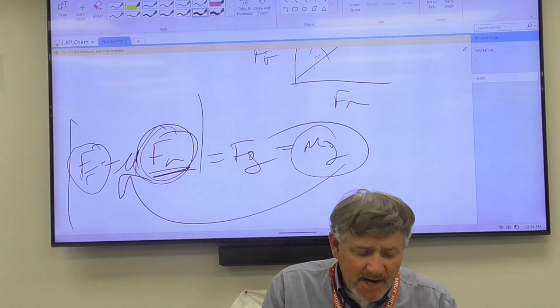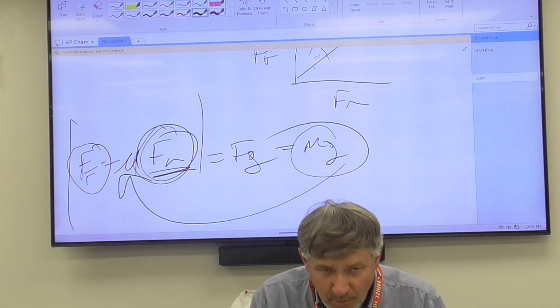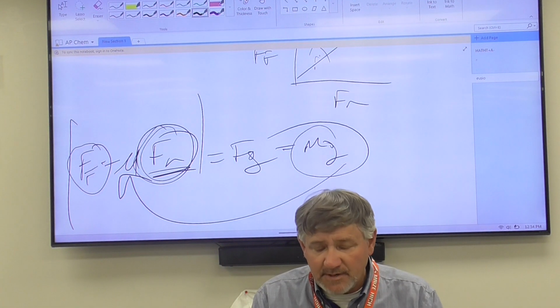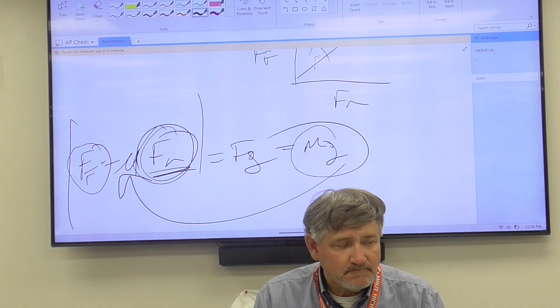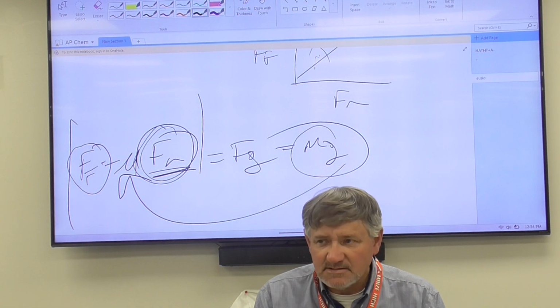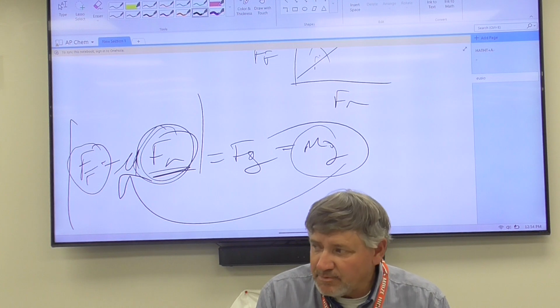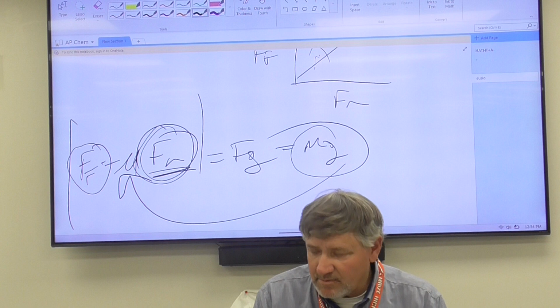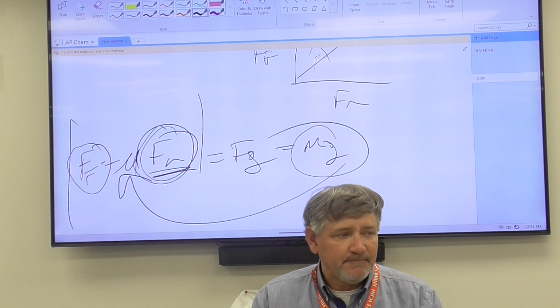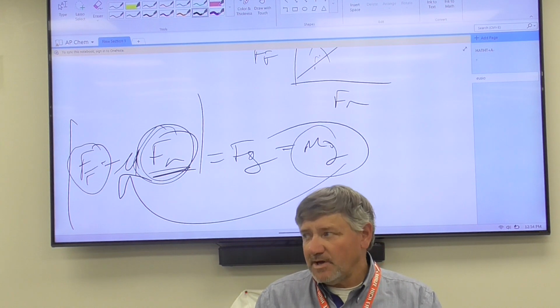Now, when you get to number 9, what are the 2 most important words on problem number 9? Constant velocity. Those are the 2 most important words on problem number 9. Because once you see constant velocity, what do all the forces have to add up to? Goose eggs. Simple.